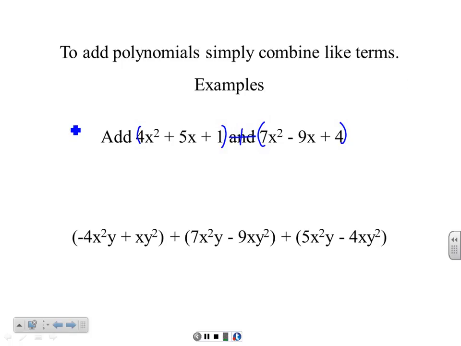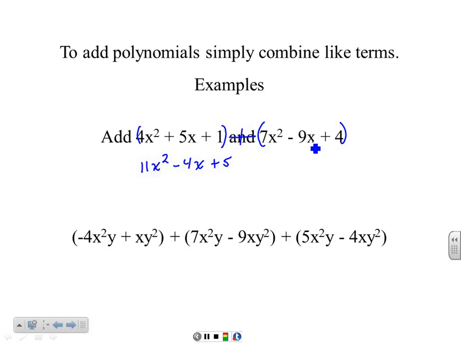We have a 4x squared here and a 7x squared here, so that's going to give us 11x squared. Then we have a 5x and a negative 9x, which is a negative 4x. And then we have a 1 and a 4, which is a 5. So when we combine these two trinomials, we get another trinomial as our answer.